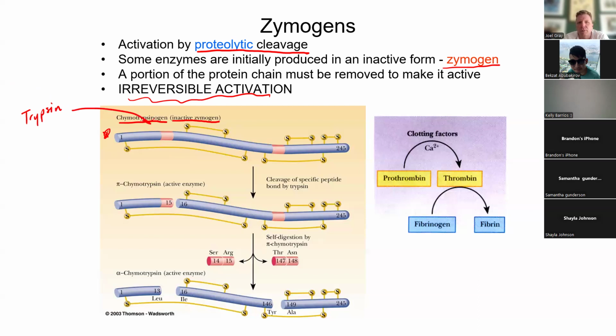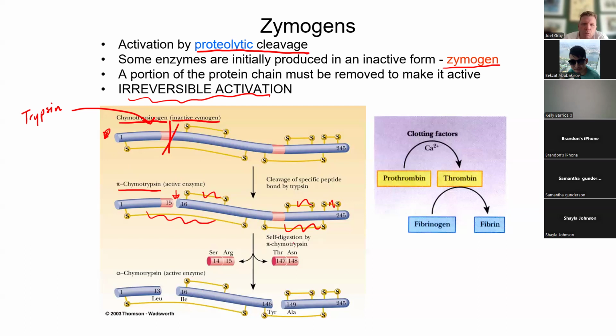It will go to chymotrypsinogen and it will cleave a peptide bond. And it will produce pi chymotrypsin. And here what we have is our full polypeptide. We've got a bunch of disulfide bonds here, here, here, here, and here. This peptide bond that's broken here, well, that polypeptide is going to remain intact.